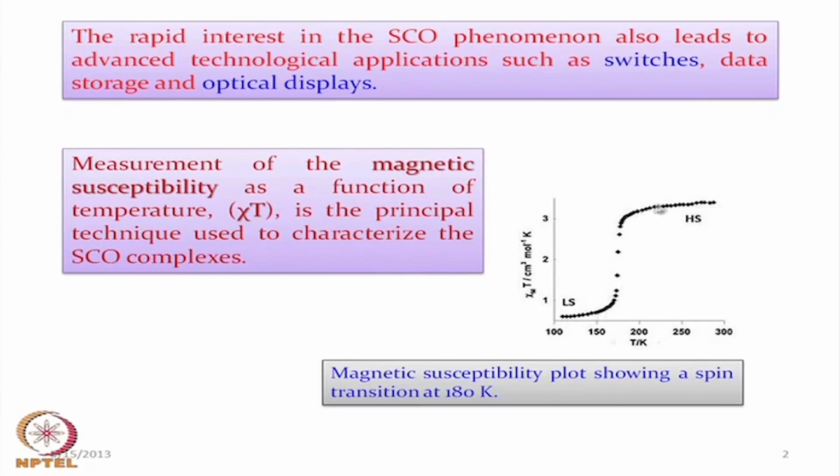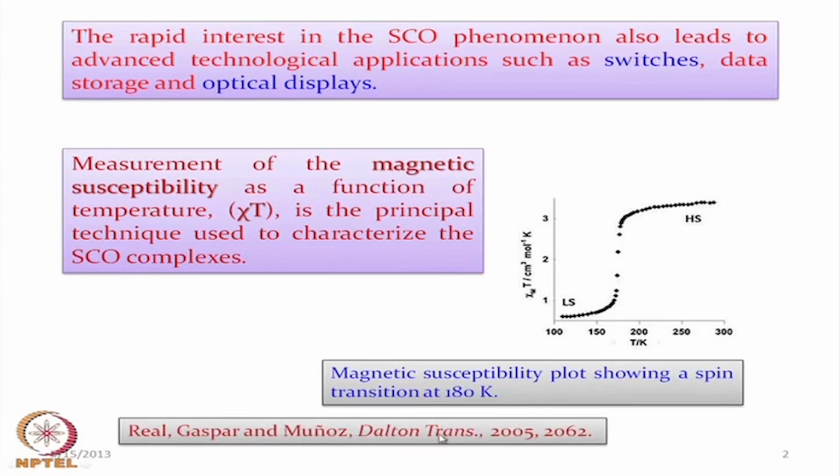This staircase type of plot is well known to us from other physical measurements, such as the potentiometric titrations of acid and base and the redox parameters. So, at 180 K we have the transition from the low spin to the high spin, and this is a very recent work, published in Dalton Transactions in 2005.